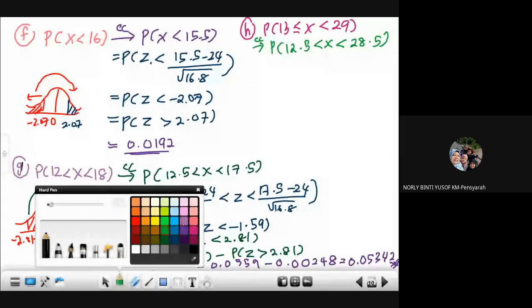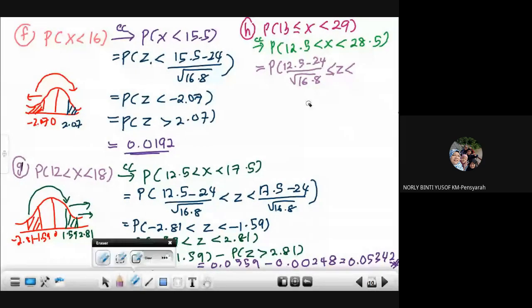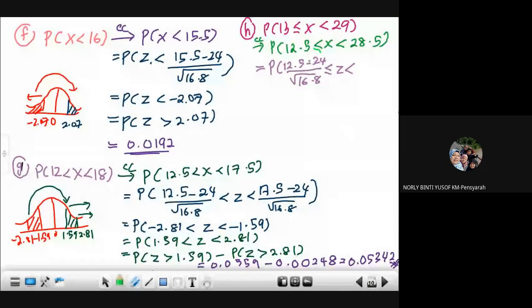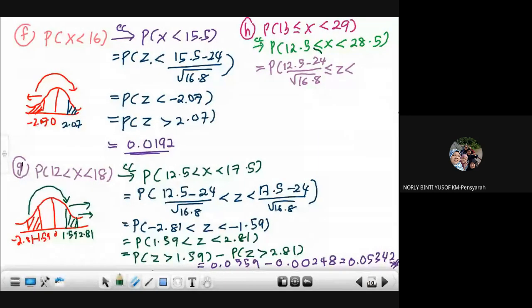Okay, then standardize. Score Z, 12.5 tolak 24 bahagi square root 16.8. Okay.